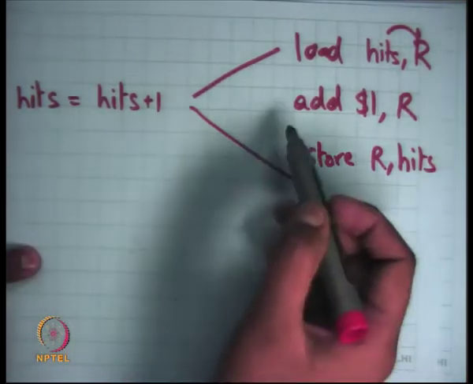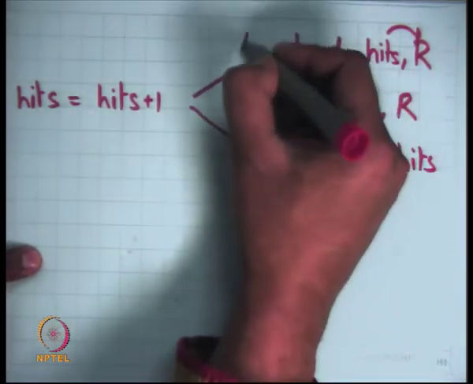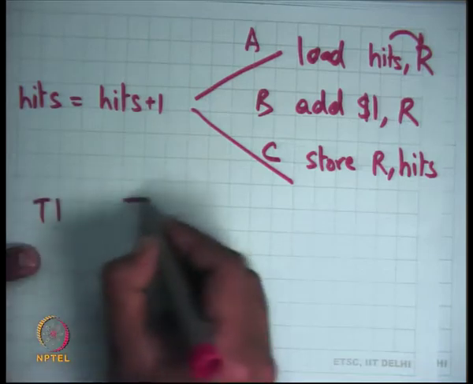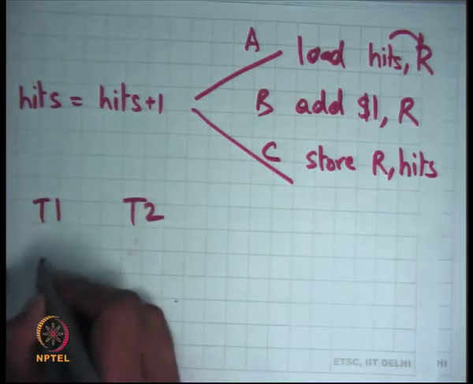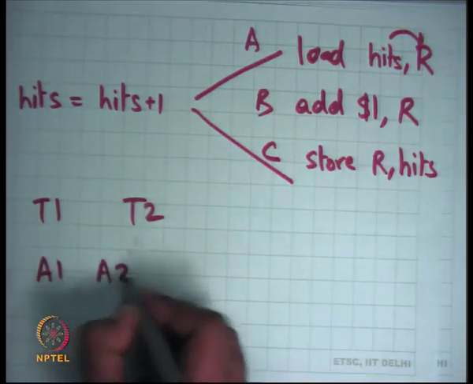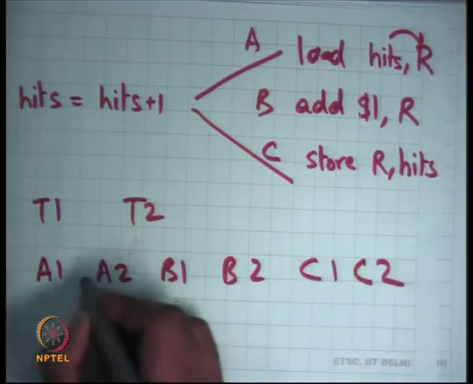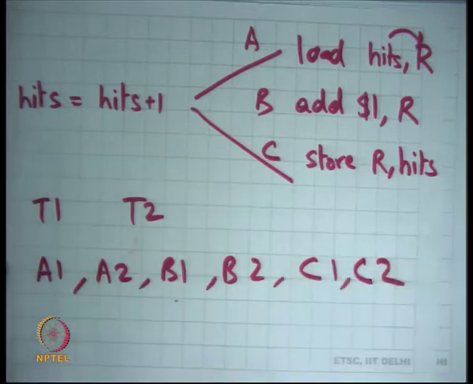And once again, what can happen is, let's say these are statements A, B, and C, and there are two threads, T1 and T2. If the schedule is A1, A2, B1, B2, C1, C2, then what's the final value of hits? Hits plus 1, right?